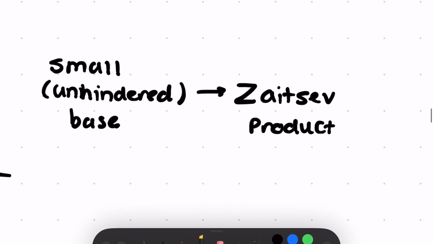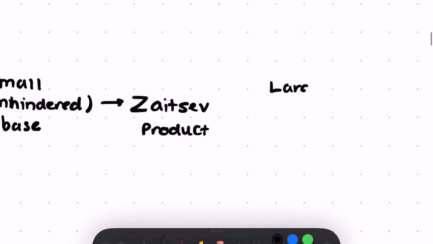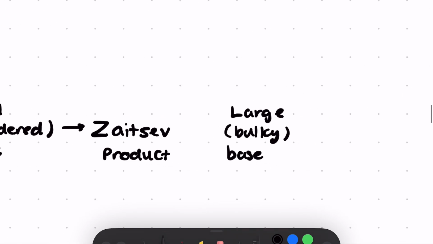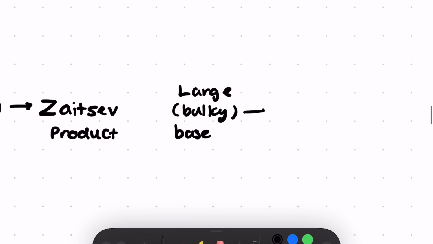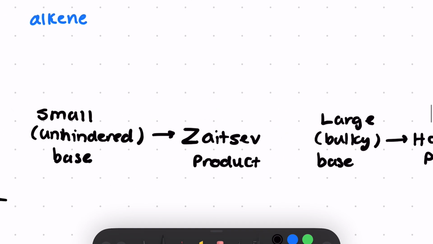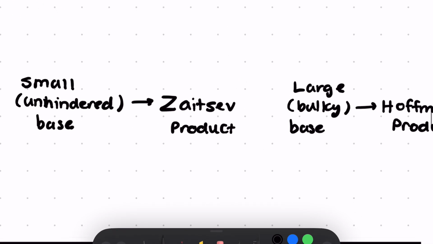Methoxide is very unhindered. On the other hand, if I use a large or a bulky base, okay, a base that does have a lot of steric hindrance, again, a typical example here is just tert butoxide. Okay, tert butoxide is the one that most students learn. I'm going to get what's known as a Hofmann product. Okay, so my major product with an unhindered base is Zaitsev, and my major product with a bulky base is the Hofmann product.